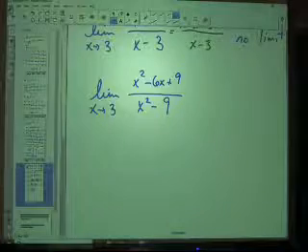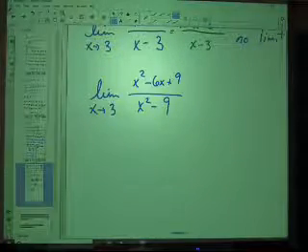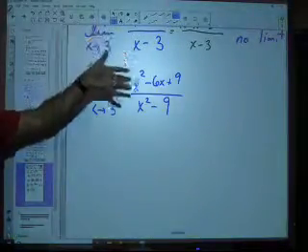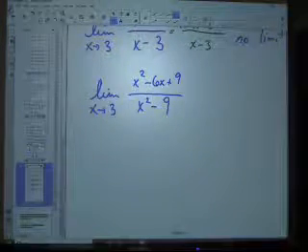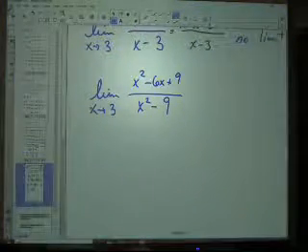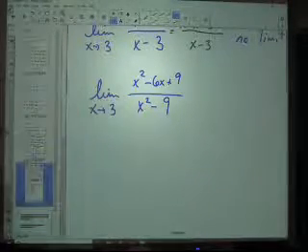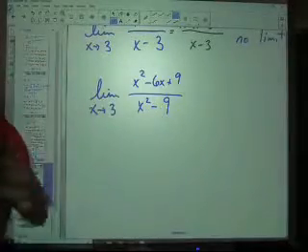Uh-oh, we better remember those skills because that's what we're going to use. If I plug 3 in here directly, do I get an answer that's a real number? Or do I have an issue of I've got numbers I can't work with? I get a 0 in the denominator, right? Yeah. Okay. So now we're down to, could I factor the numerator?